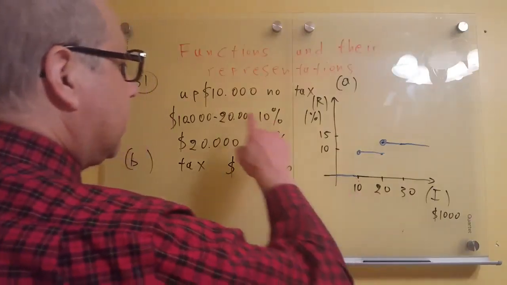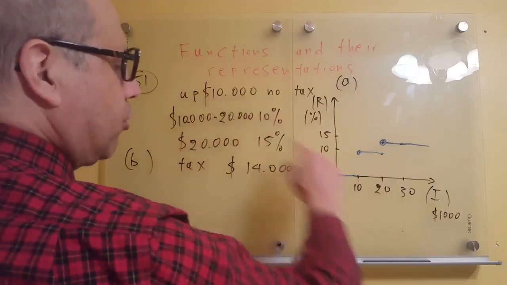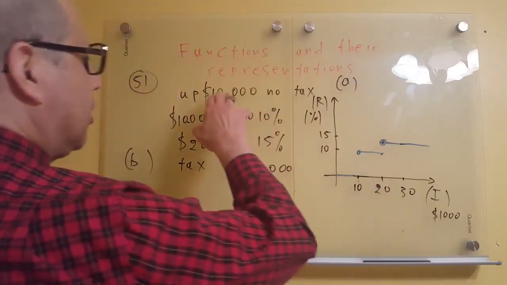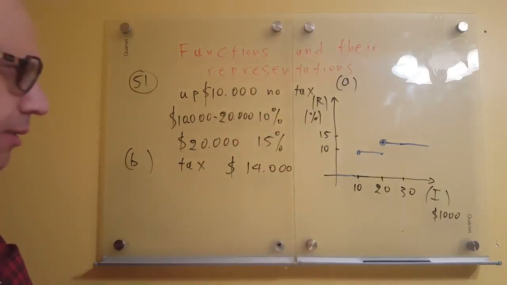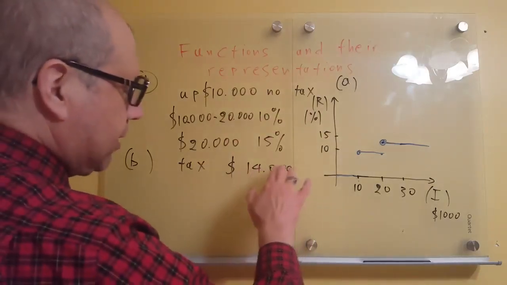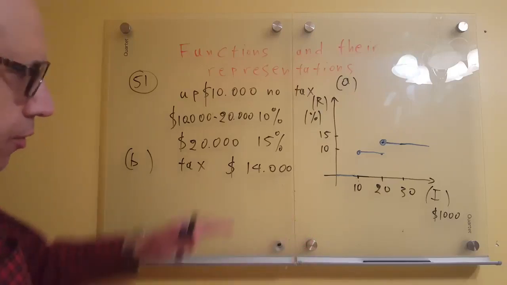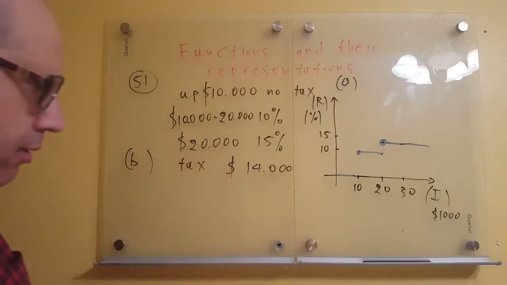Up to 10,000 you pay no taxes. So in the first 10,000 of this 14,000 there are no taxes.